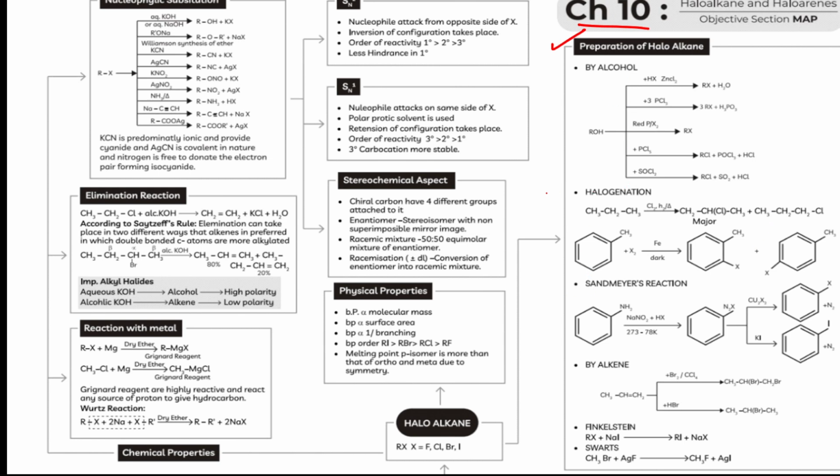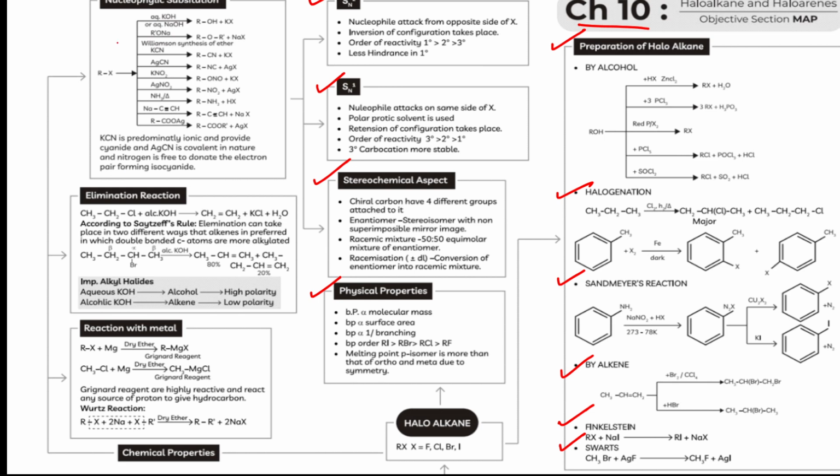Name reactions are also discussed, like Sandmeyer's reaction, Finkelstein, Swarts, halogenation reaction, and preparation from alkenes, with reactants, reagents, products, everything. After the preparations, I went into your nucleophilic substitution reaction, both the mechanisms and the stereochemical aspects. Physical properties are discussed.